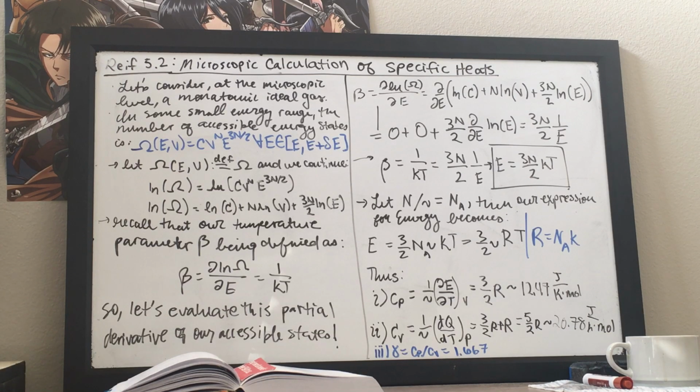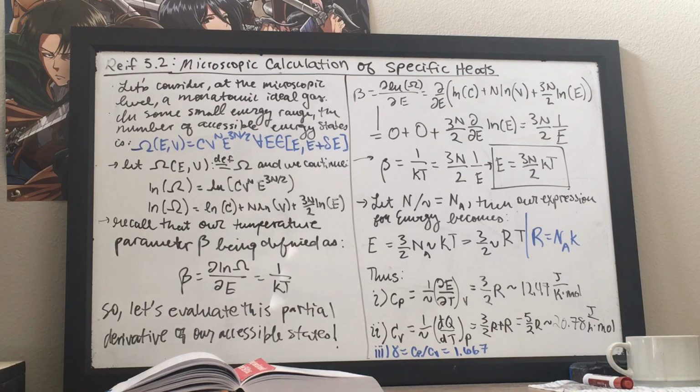So if we recall that our temperature parameter beta is defined as the partial derivative of the natural logarithm of our number of accessible states with respect to energy, that can also be written as 1 divided by the Boltzmann constant times our absolute temperature, kT. We can evaluate that partial derivative and relate it to our temperature parameter beta.